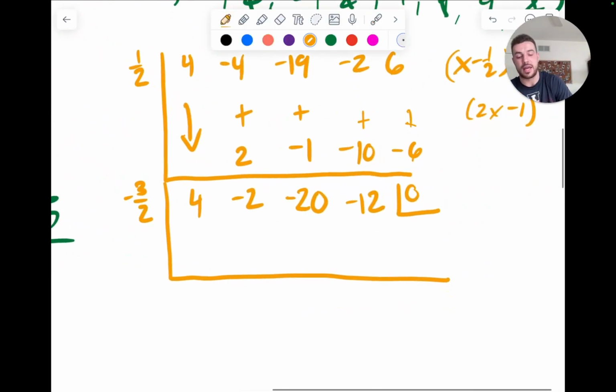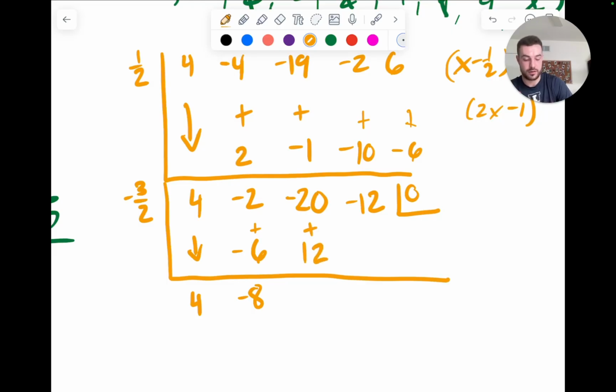So I'm going to go ahead and do my synthetic division. Drop the 4. We're going to multiply by a -3/2 to get a -6, and add going down -8. We get a +12, which is a -8, and then a +12 again, which worked.